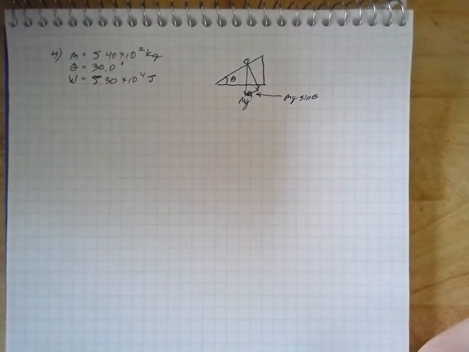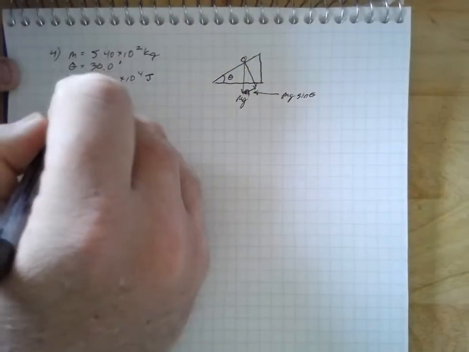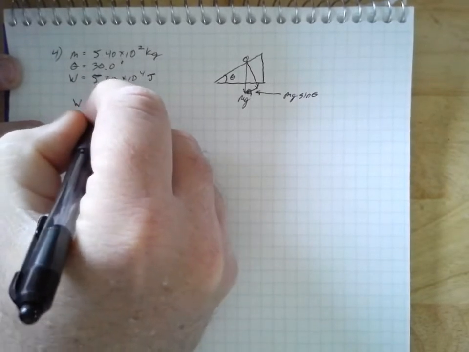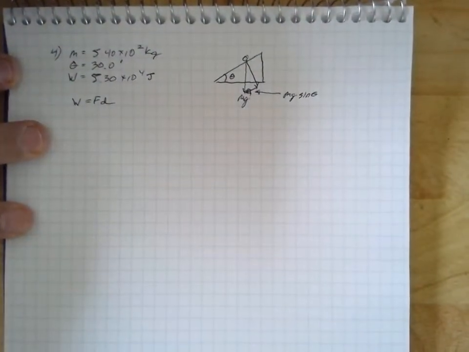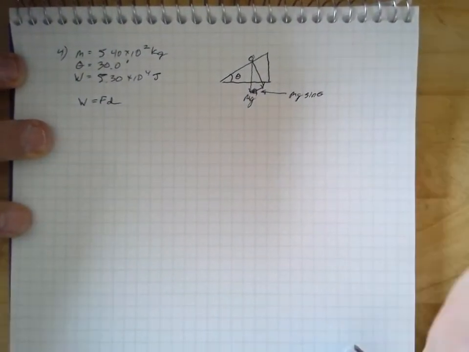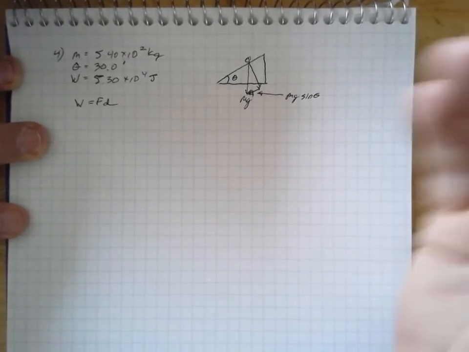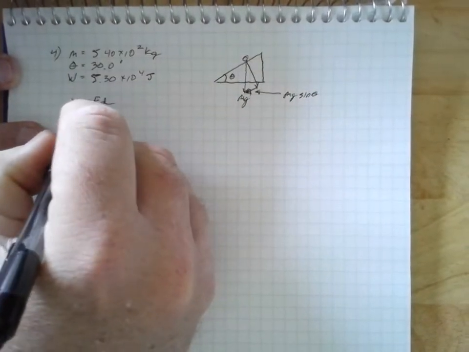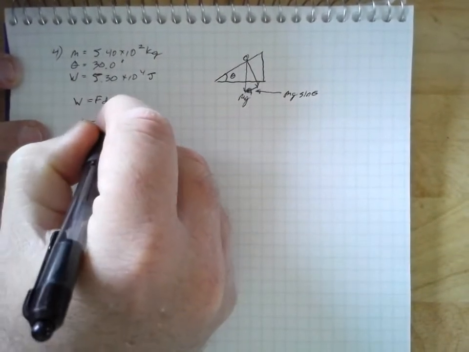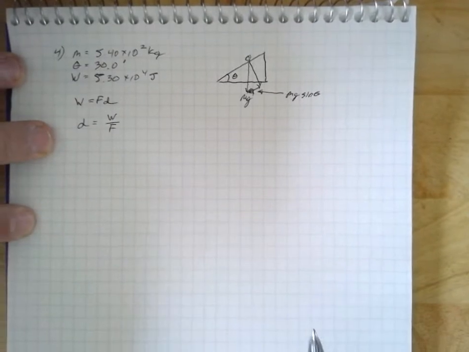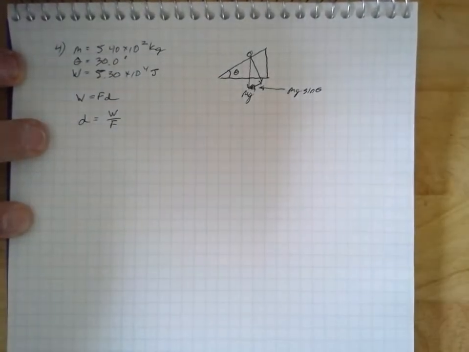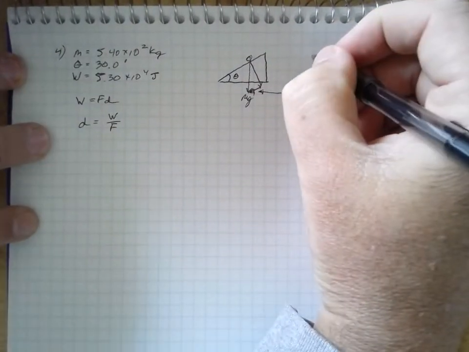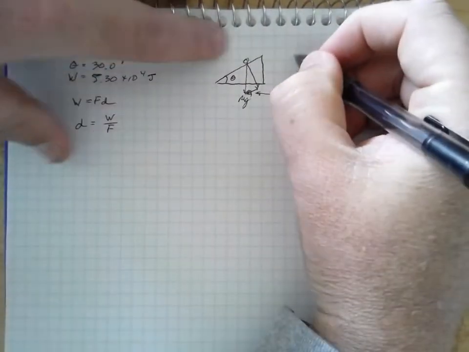So let's look at the equation for work. The equation for work is force times distance. So let's figure out the force. It's going to be easier to figure out the force first than to plug everything in, because when we get down to it, distance is going to be work divided by force. But if you have the force already, it's going to be a lot easier to do. So what is the force? Over here, I'm going to put down the force of gravity.